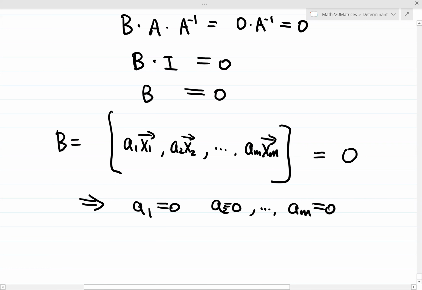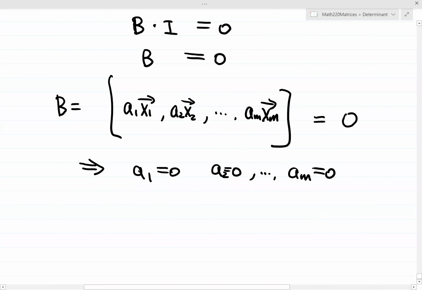That is, if we assume their sum is 0, then this is possible only if the coefficients are 0. So this tells us that x1, x2, ..., xm are linearly independent. There is no linear relation between them.